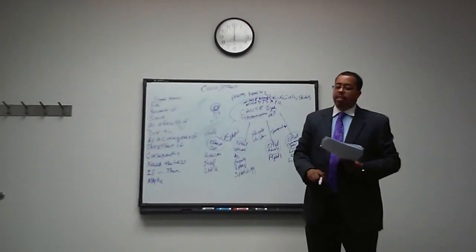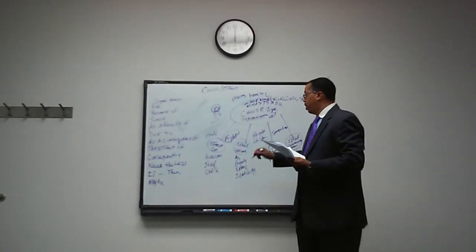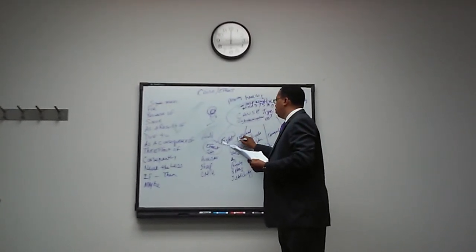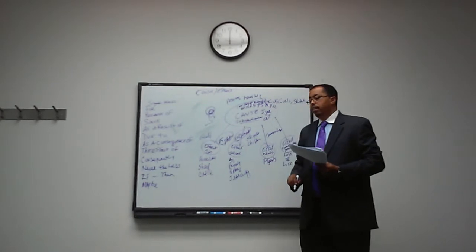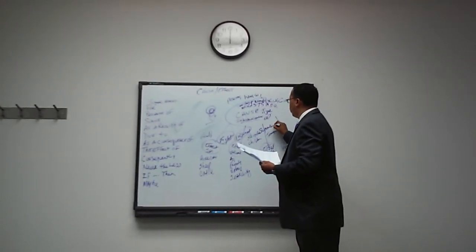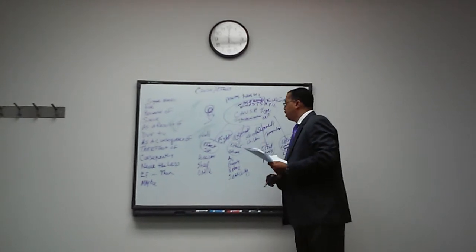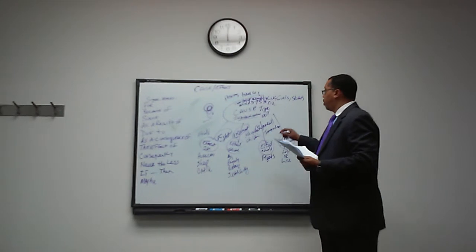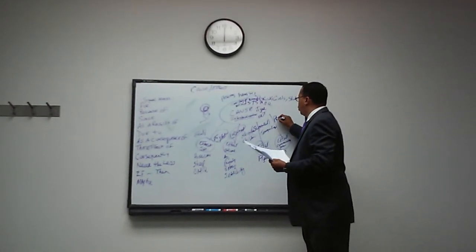What's another effect of the fight? Okay, people get injured. What's another effect of the fight? Correct. Somebody gets suspended, or both boys get suspended. And then what's another effect of the fight? Okay, you have parental involvement.